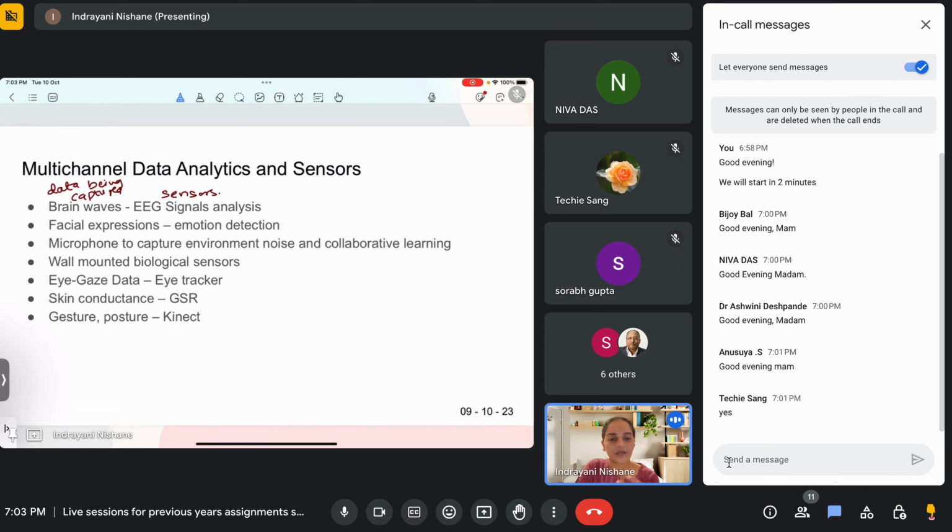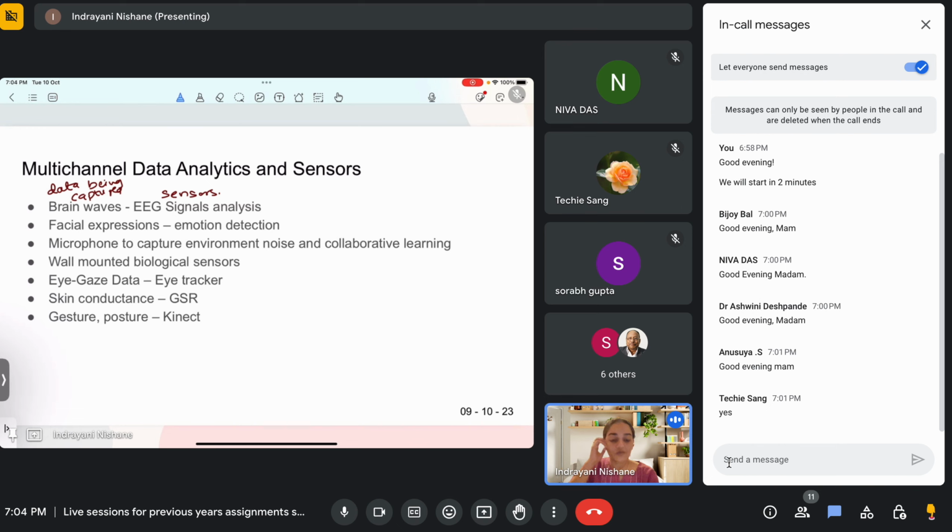Every frame is analyzed for facial expressions, like the different action units: what is the eyebrow movement, what is the lip movement, is it a smile, is it a wide smile, are teeth showing. All such things are considered to detect different emotions of learners while they interact with the learning environment, or while they learn. So that is affective computing, or emotion detection through facial expressions.